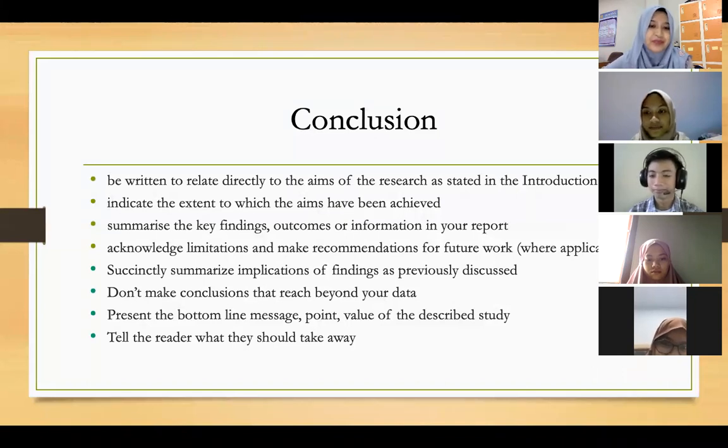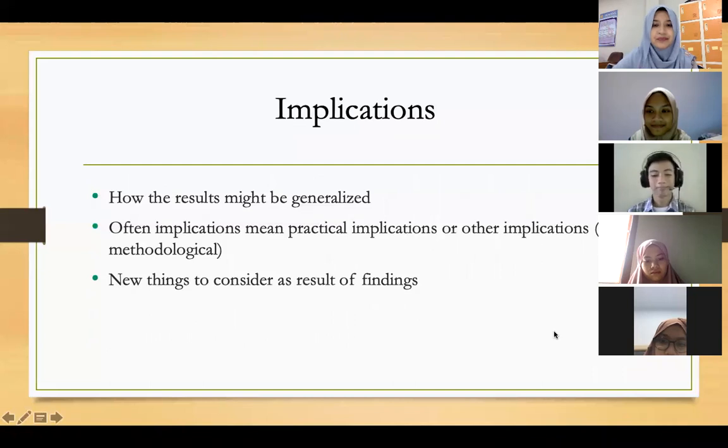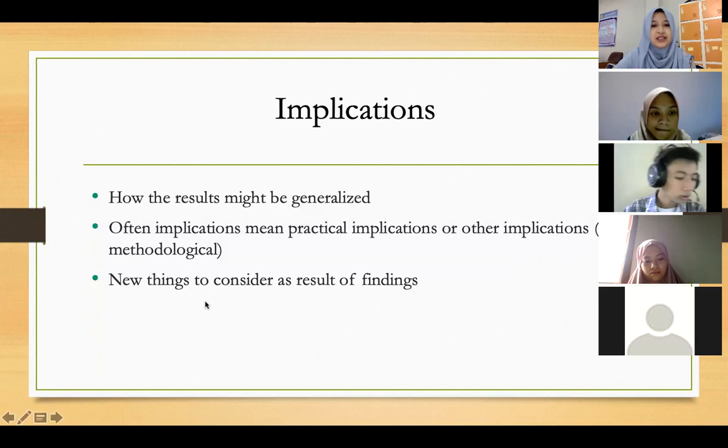Tell the reader what they should take away from the suggestion for future research. They can extract something from your study. Implication, how the results may be generalized. What it implies for the future, what it implies to the existing knowledge. And new things to consider as a result of findings.